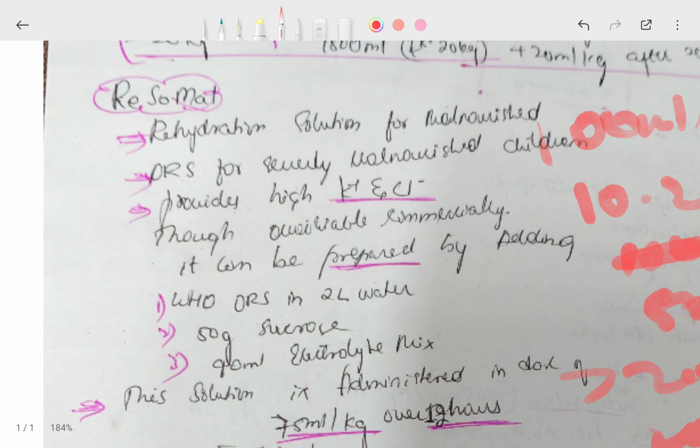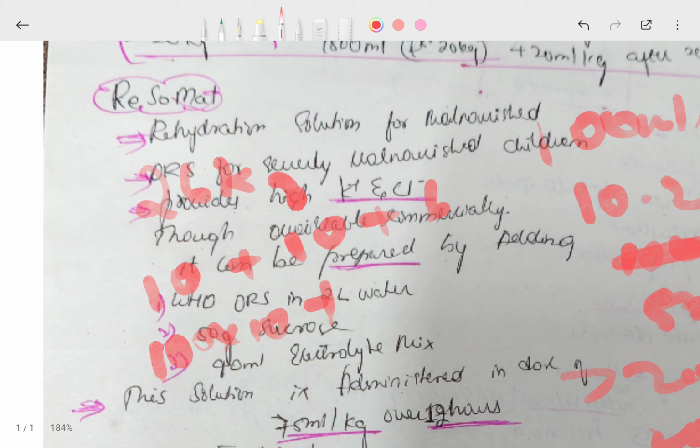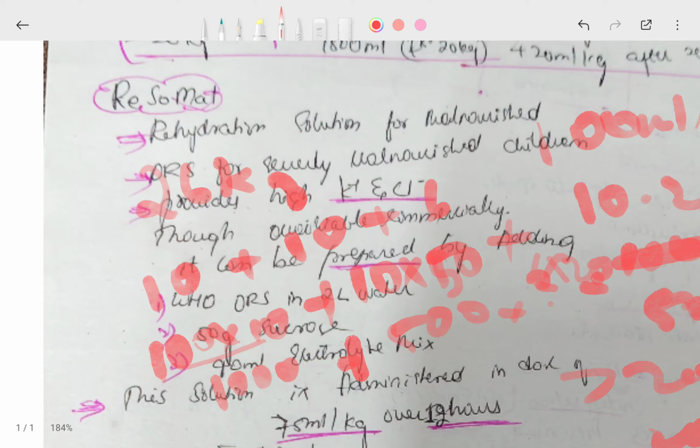Suppose the child is 26 kgs, so you will divide into 10 plus 10 plus 6. For the first 10 kgs, 100 ml into 10, which is 1000. For the next 10 kgs, 50 ml per kg, so 50 into 10, which is 500. For the last 6 kgs, it's 20 ml, 6 into 20, that is 120.